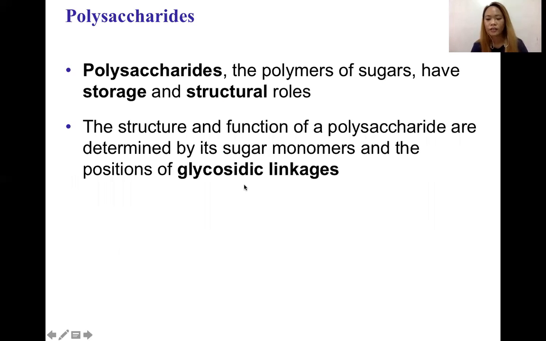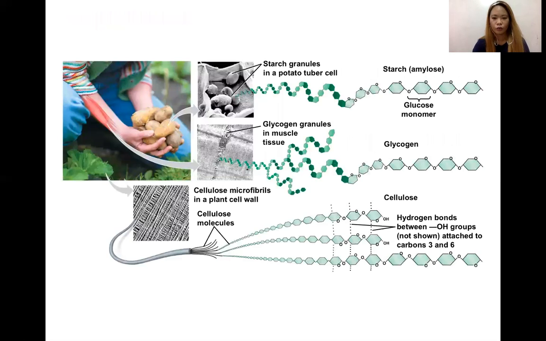After the disaccharides, there are also carbohydrates that are made up of more than 3 monosaccharides of sugar. So these are what we call polysaccharides. So we have 3 most common polysaccharides, and these are your starch. The starch is most commonly found in plants.